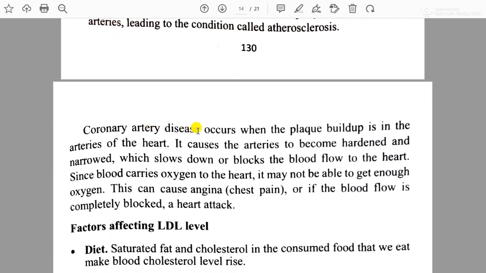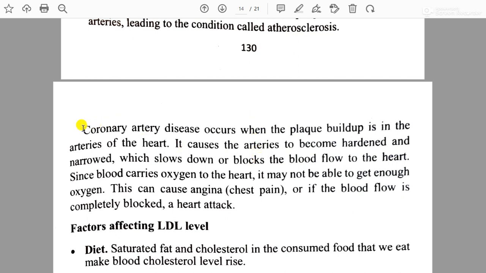Coronary artery disease occurs when plaque buildup is in the arteries of the heart, and it causes the arteries to become hardened and narrowed, which slows down or blocks the blood flow to the heart. So these are the effects of a high level of LDL. Low density lipoproteins are dangerous to the proper functioning of the heart.